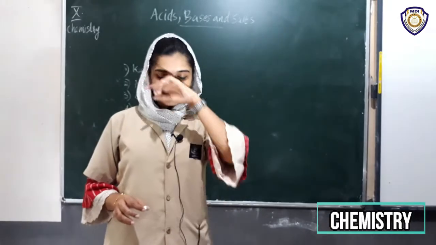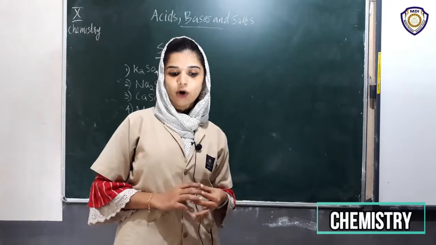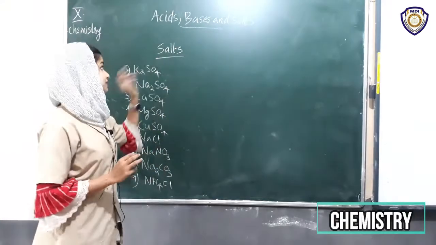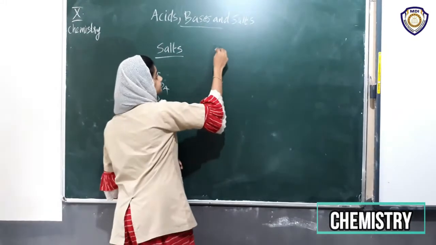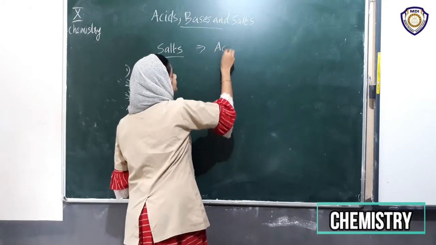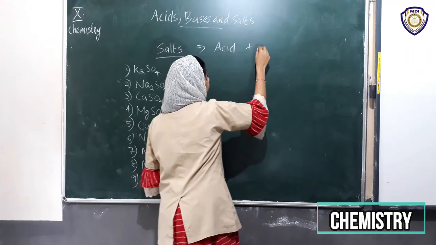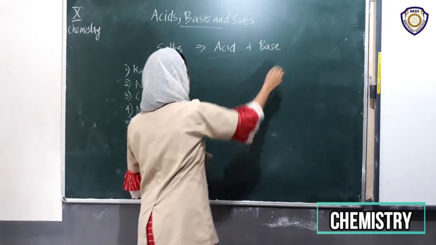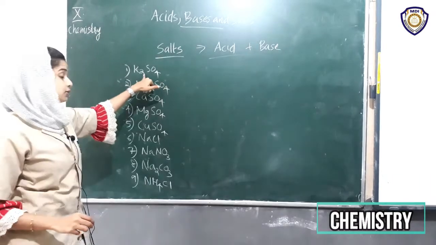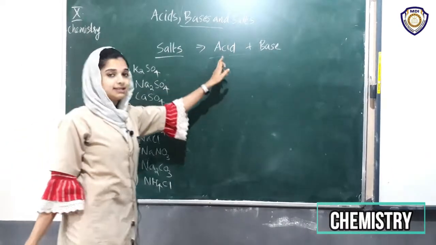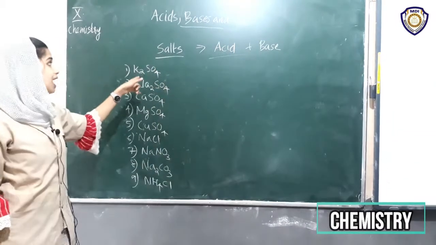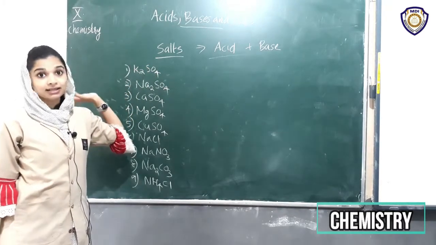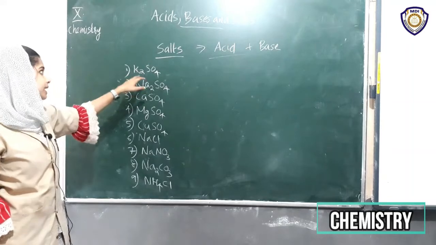Identify the acids and bases from which the above salts may be obtained. We have already said that salt is formed by joining acids and bases. So the salt should come from an acid and a base. We have to identify, by seeing the name of the salt, which acid and base it is coming from.